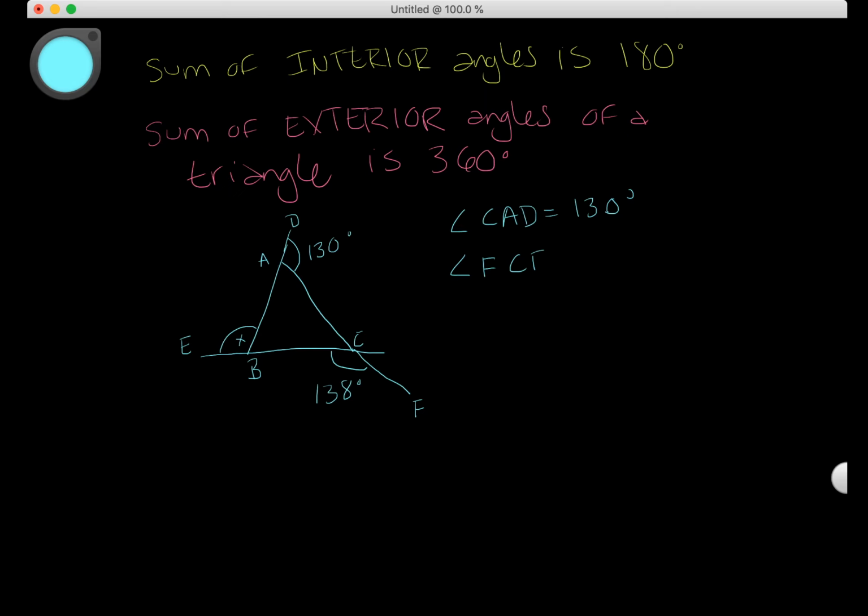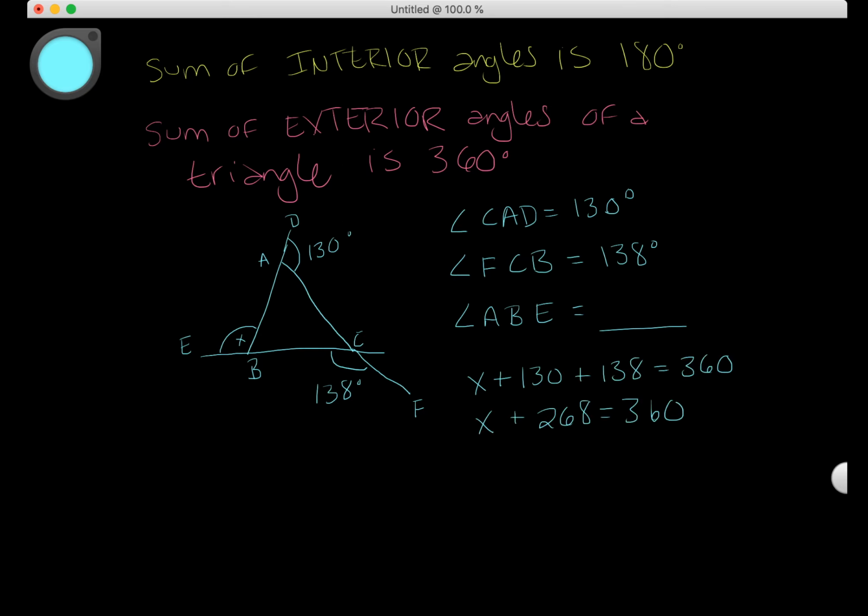Well, if we know that the exterior angles of the triangle are going to add to 360, we can find our missing exterior angle. So I'm going to say X plus 130 plus 138 equals 360. So X plus 268 equals 360.